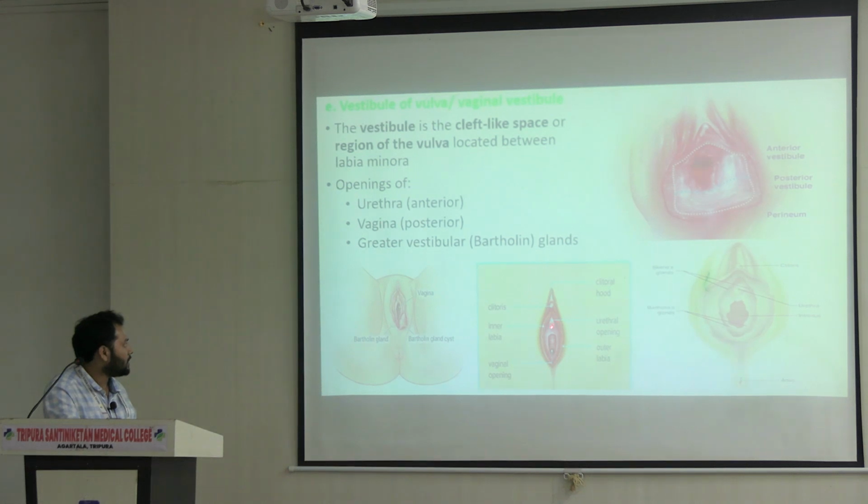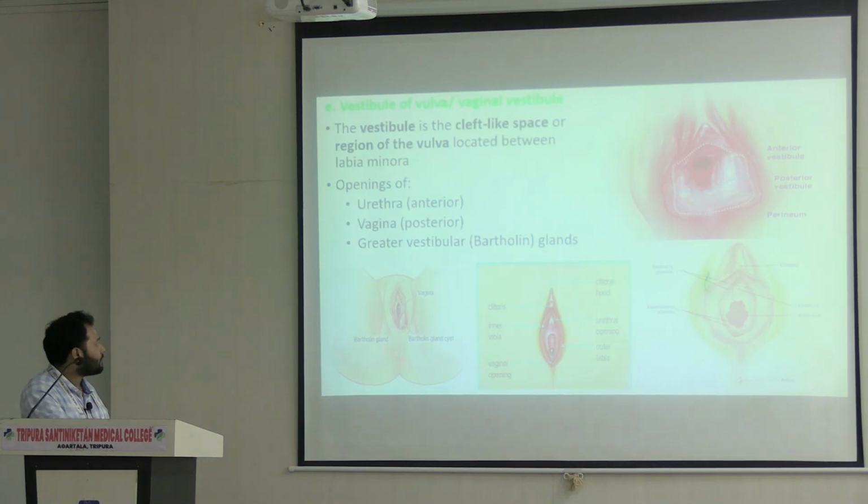In this vestibule, there is a urethral opening just beneath the clitoris. And if you go downwards, there is another part called the vaginal opening, right? So the vestibule is important because it contains two most important openings: the urethral opening and the vaginal opening.